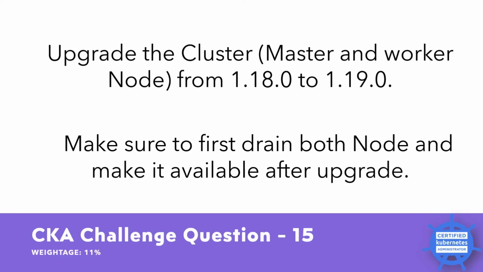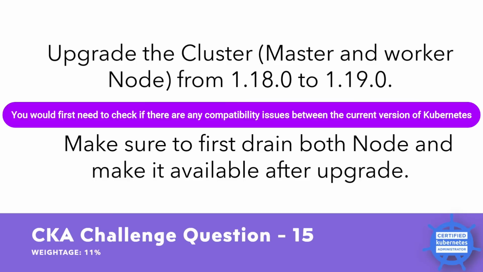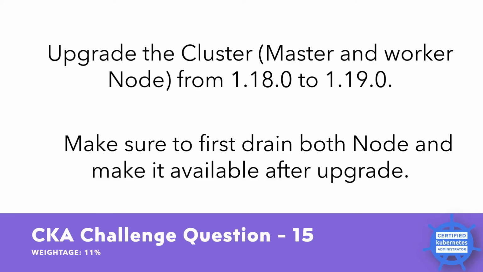Once the upgrade is complete, the nodes are made available again and Kubernetes will automatically reschedule the pods on the upgraded nodes. To upgrade the Kubernetes cluster, you would first need to check if there are any compatibility issues between the current version of Kubernetes running on the cluster and the version to which you want to upgrade.